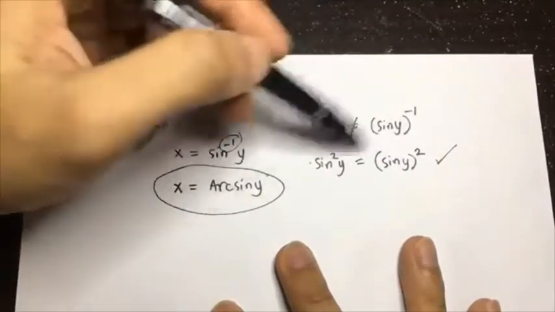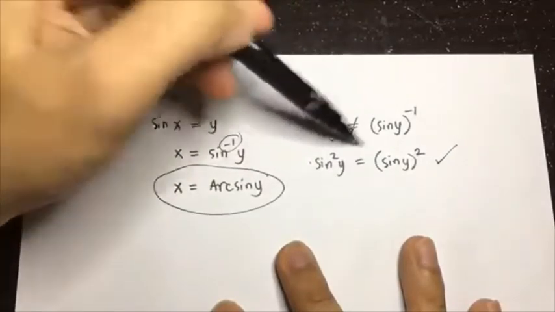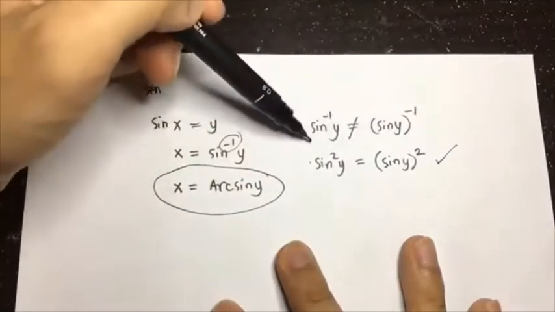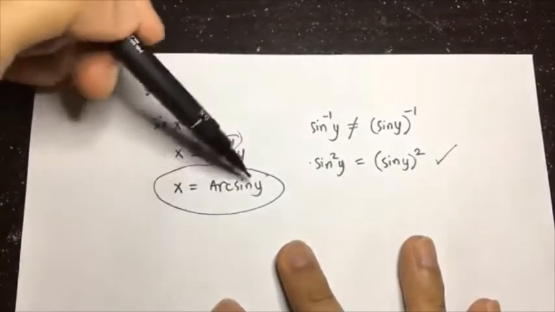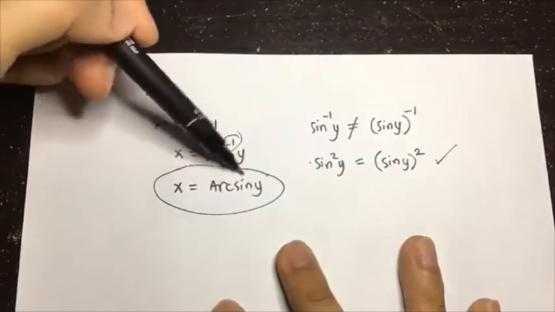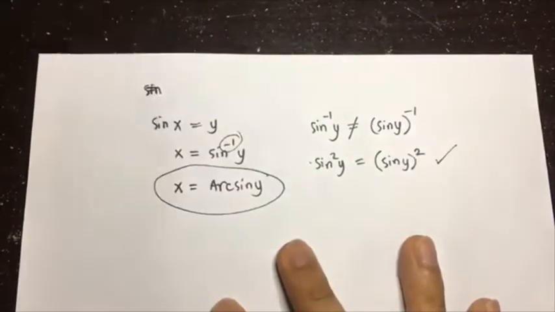For a negative exponent, we don't usually express it this way. Therefore this method of expressing an inverse trigonometric function is preferred, because it avoids confusion.